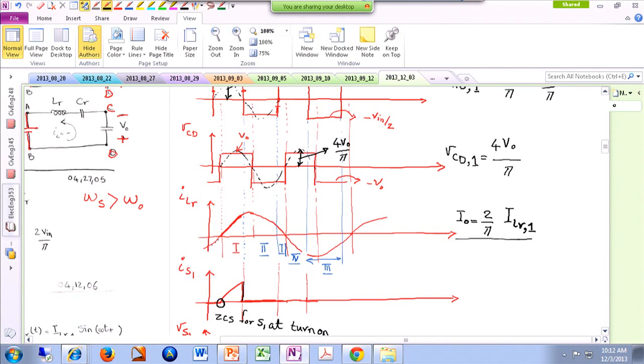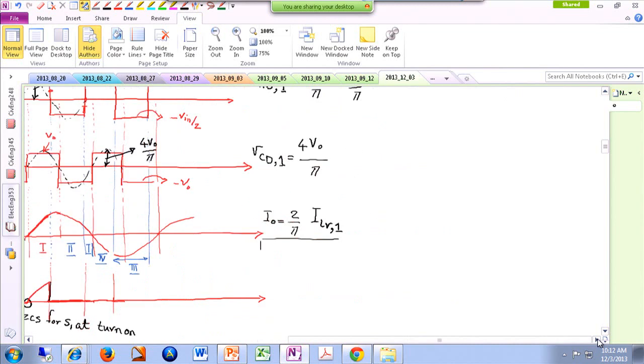All right. So I have these three equations. What I can do is use two of them to define an equivalent resistance. Okay, R equivalent resistance, this is how it is defined.